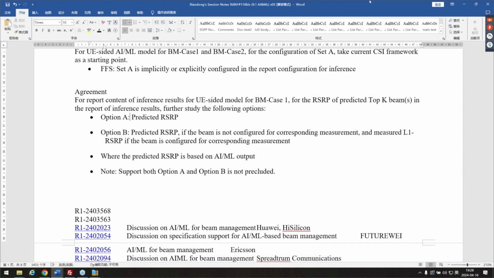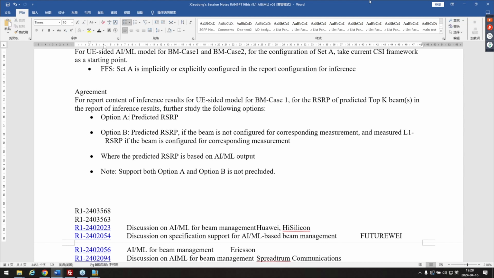Otherwise, this might imply that even for the model. Let me check. Does anyone share the same concern? Please raise your hand. Or we can add it to the definition of L1-RSRP in the main bullet, because without that, it implies that L1-RSRP is always reported regardless of what kind of model is used.